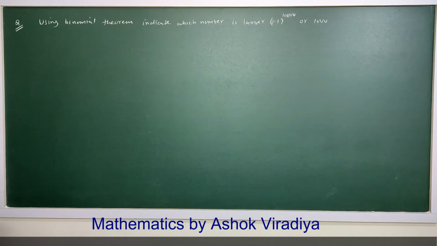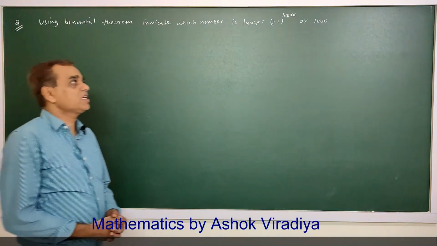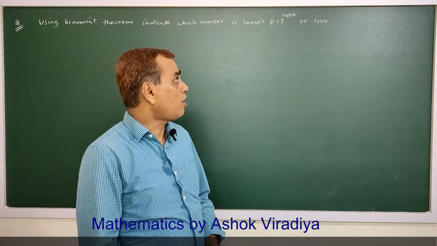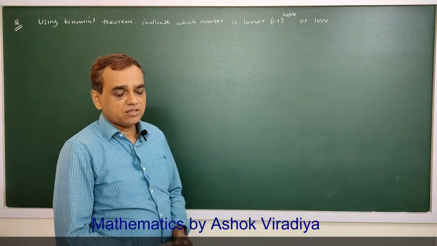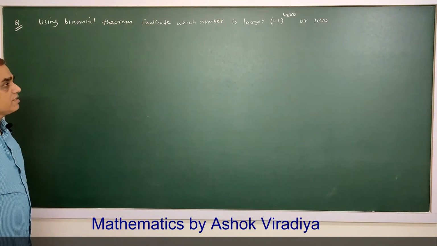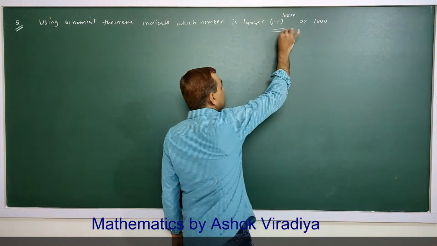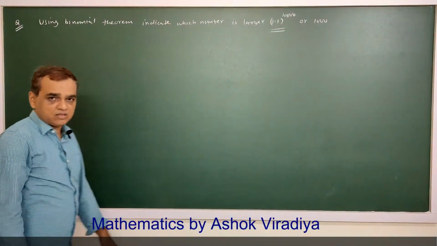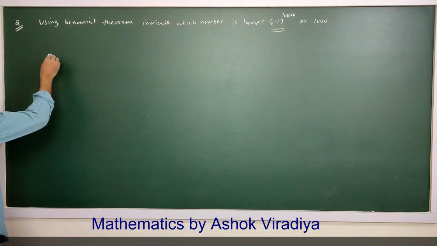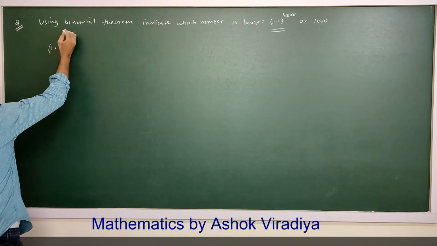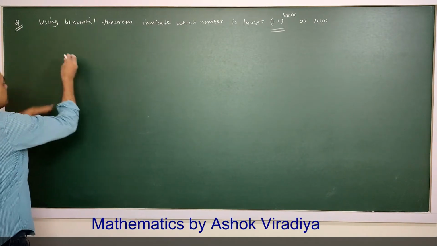Using the binomial theorem, indicate which number is larger, 1.1 raised to 10,000 or 1,000. So here we calculate 1.1 raised to 10,000.